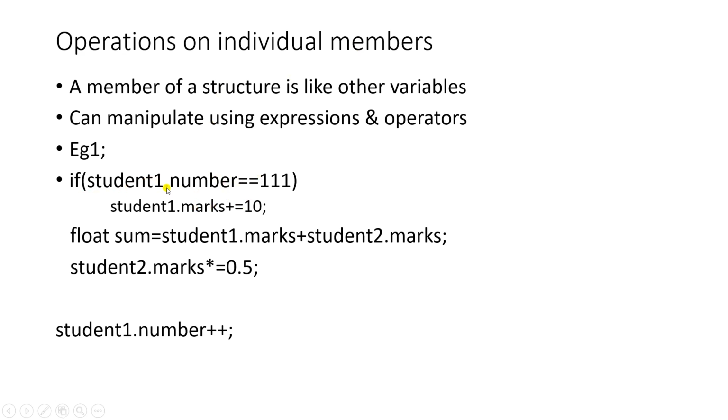If student1.number, where number is an element, is equal to 111, then the marks element should be equal to marks plus 10. And float sum is a float variable which is equal to student1.marks, another element of the structure student1, plus the marks of student2, added and stored in the float variable sum. Similarly, this one can also be done. So you can manipulate the structure members using the expressions and operators available in C.